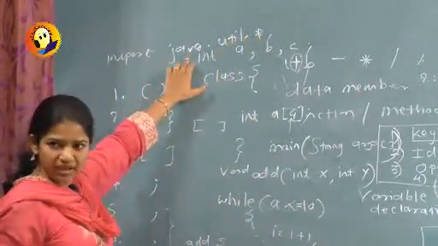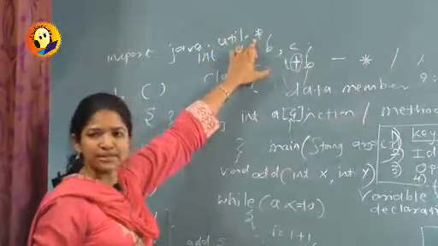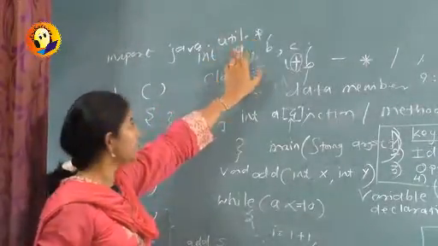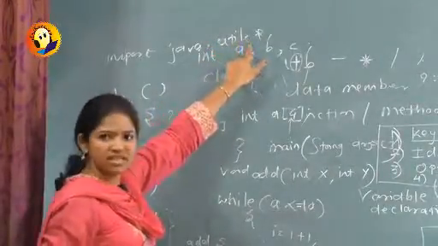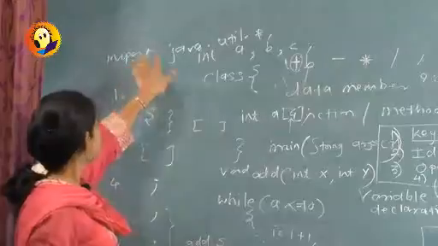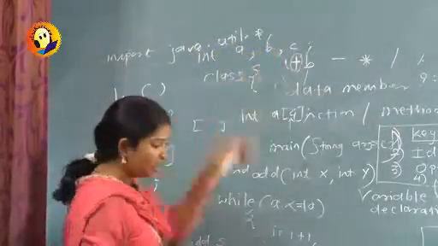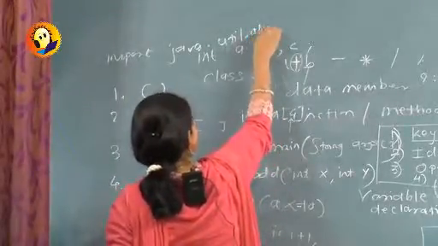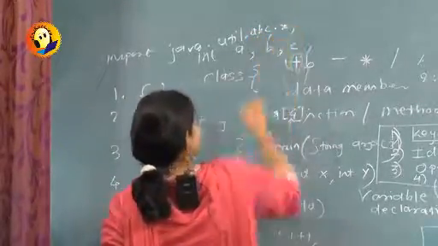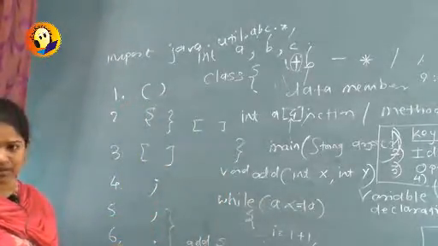Java is one package, util is a subpackage, and I want to access each and every class of the util package, so I need to specify dot as a separator between them. If I want to specify another subpackage in between, I need to specify that subpackage name and again dot star. So in this way I can use the dot separator.